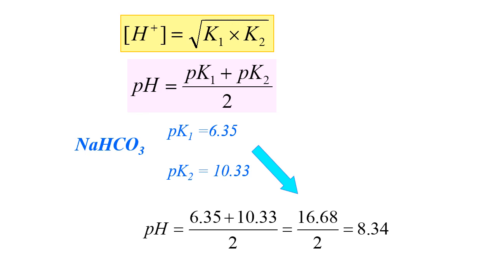But for anything above, say, 10 to the negative 1 molar and above, we'll have approximately the same result, 8.34. pH of sodium hydrogen carbonate, as well as pH of any compound like this, will be independent from its own concentration.